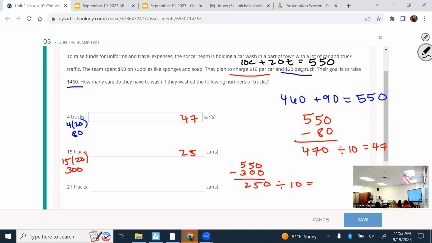You could plug in and then solve, or you could follow what lesson 8 or 9 did, where if we're solving for cars each time, then it might be easier to just isolate the C. So this could be one equation you made that made the math easier. Or you could have done 10C equals 550. You could subtract the 20T from each side.